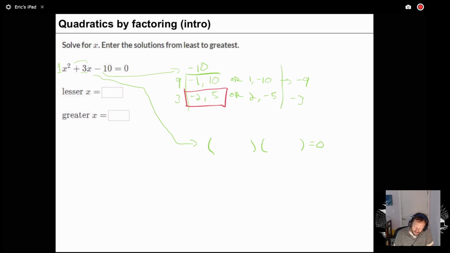5 and negative 2. And I could just write it like this with my negative 2 coming down and my 5 coming down.